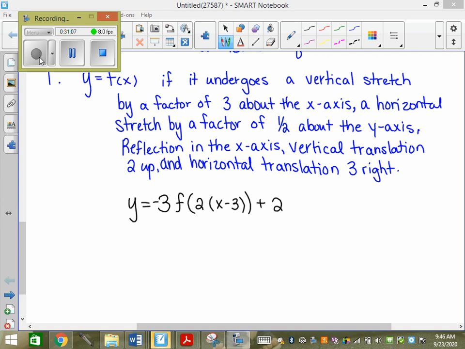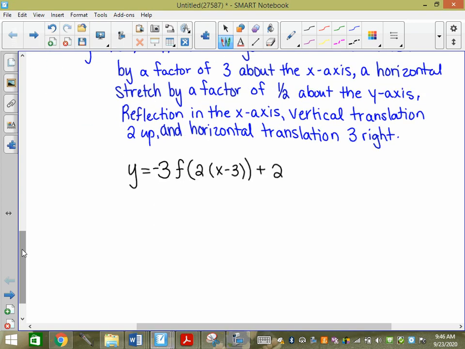So now we're going to do version 1.5. This is 1. We're going to do 1.5. Because we're using the exact same transformations from above, but I'm giving you a different original. So I'm going to call it 1.5, so you don't have to rewrite out the transformations.